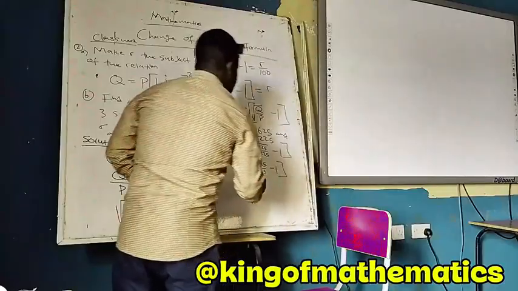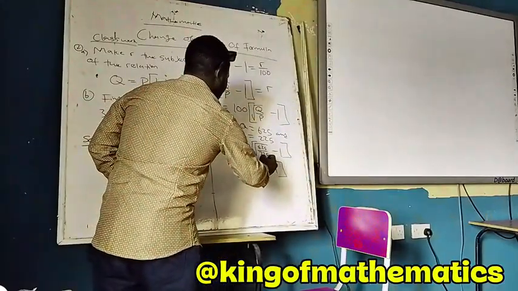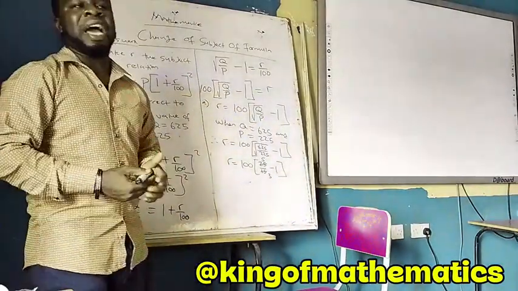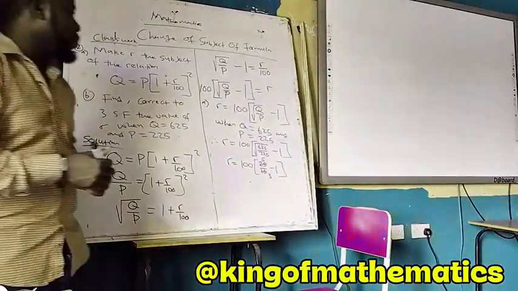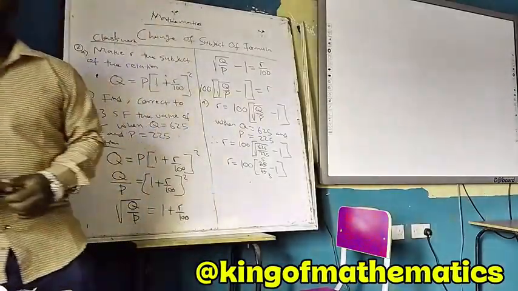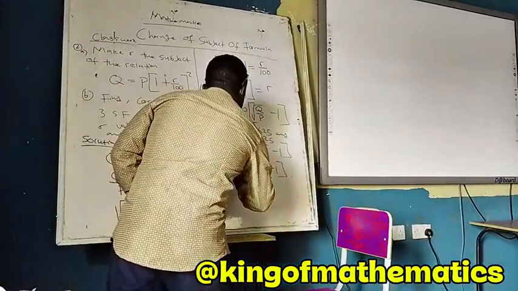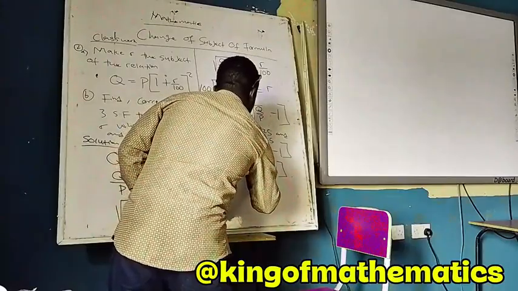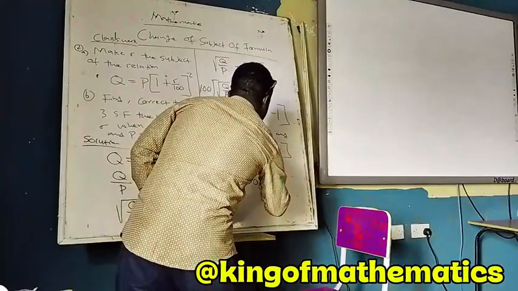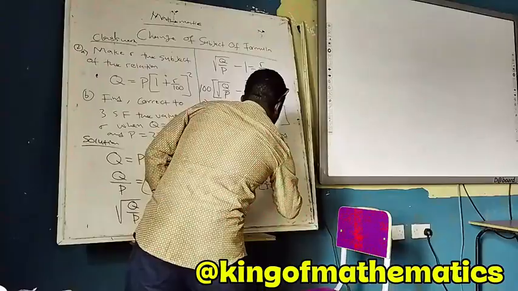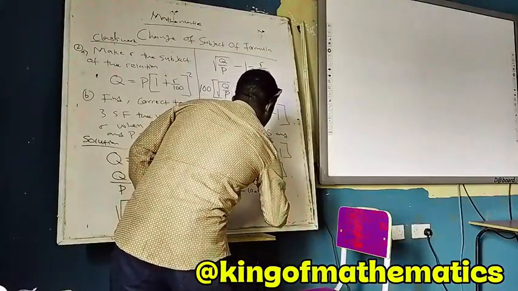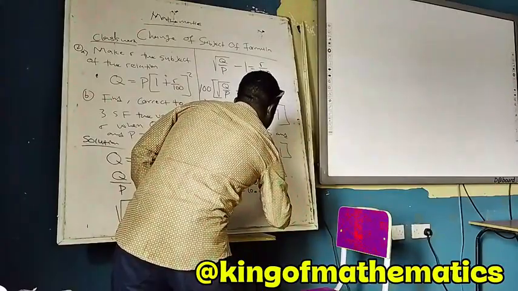Close bracket. 5 can go here, 5. 5 can go here, 3. So 5 over 3 is the same thing as 1 whole number 2 over 3. So that gives us R equals to 100 into bracket 5 over 3 minus 1, which is 100 into bracket 1 whole number 2 over 3 minus 1.